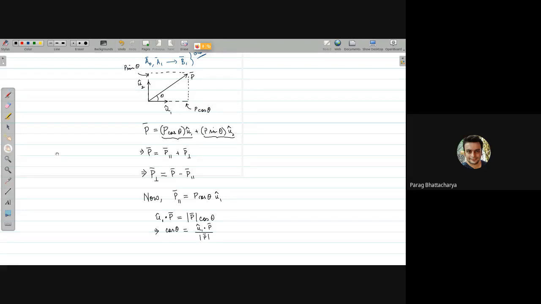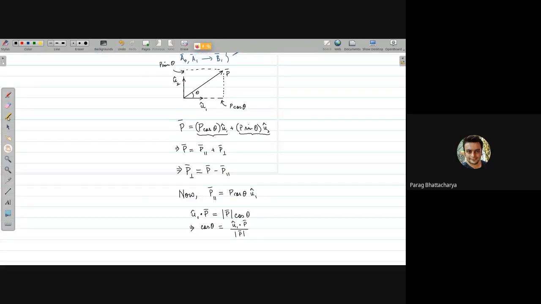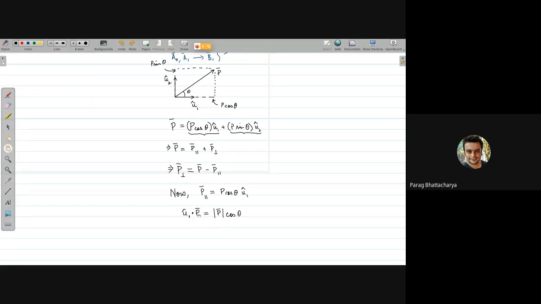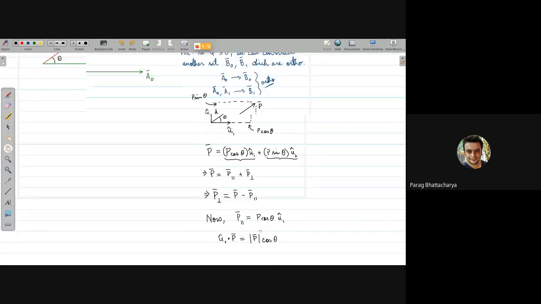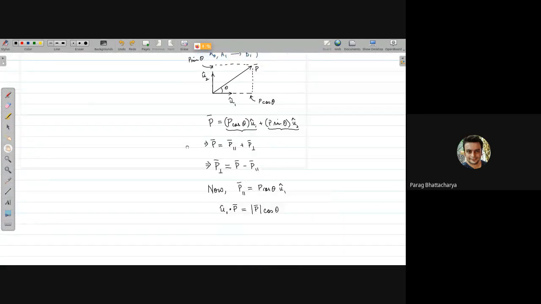Or rather, we don't need to do it like this. We'll just leave it as it is. The dot product of a unit vector with a vector will give us the projection of that vector. This is important, so keep this idea in mind and let's go back.